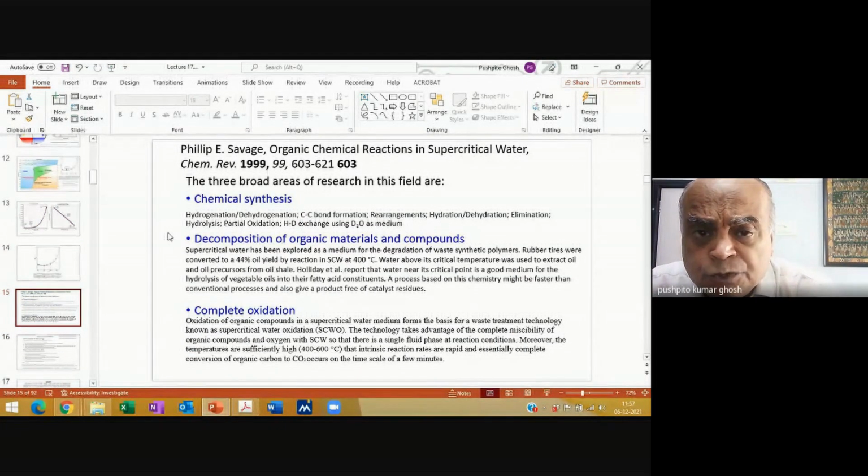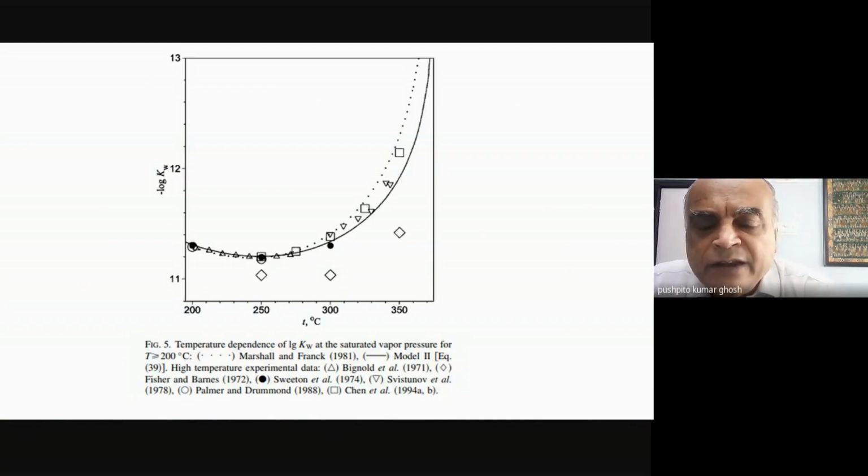Now, this is futuristic technology. This is the kind of thing maybe 10 to 20 years from now, you might find people talking about more. That is actually carrying out organic processes in these kinds of near critical and supercritical water.